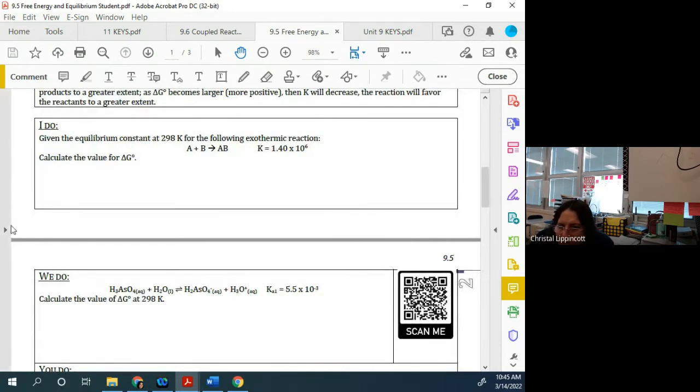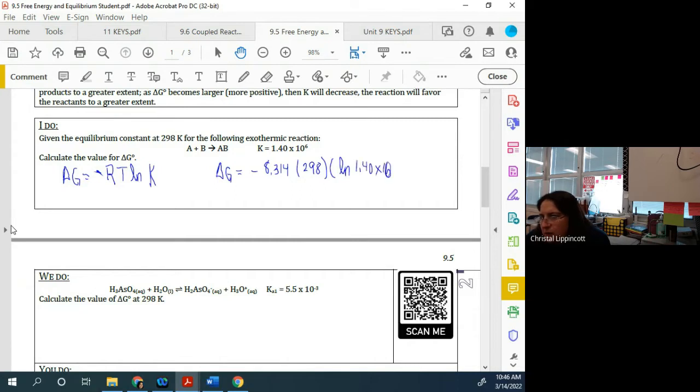Delta G is going to equal, oops, I'm sorry, there's a negative in front, negative RT times the natural log of K. Given the equilibrium constant, which is right here, at 298 Kelvin, they want us to solve for delta G. So delta G equals negative R, which is 8.314 in honor of Pi Day, today is Pi Day, times 298, times the natural log of 1.40 times 10 to the positive 6.